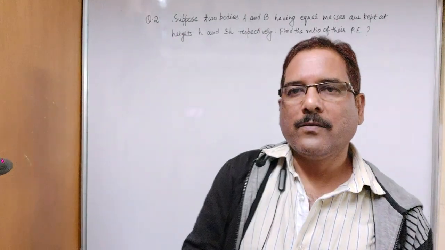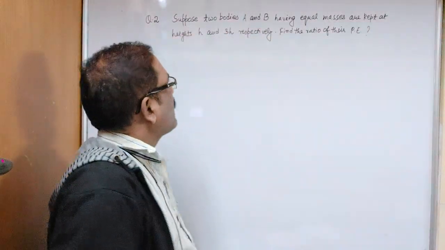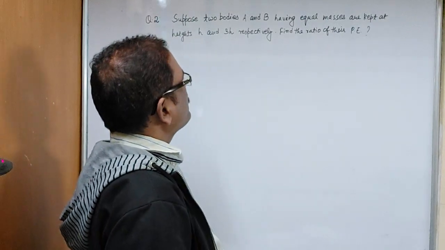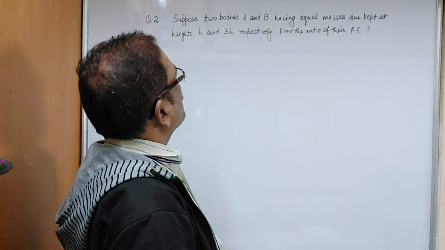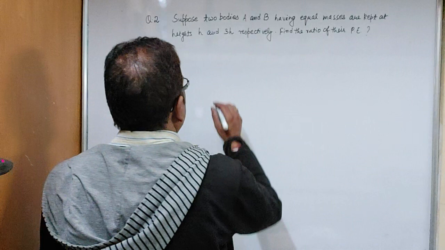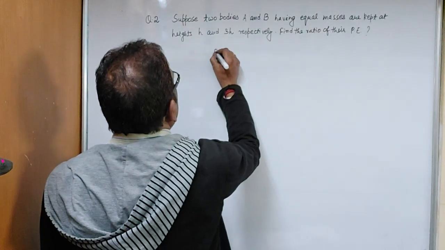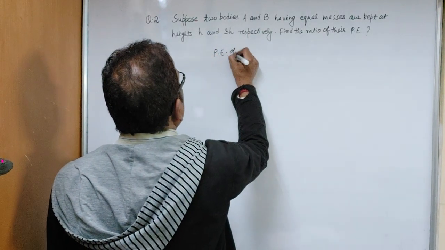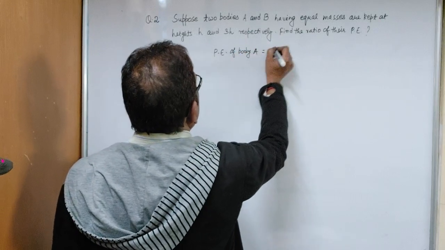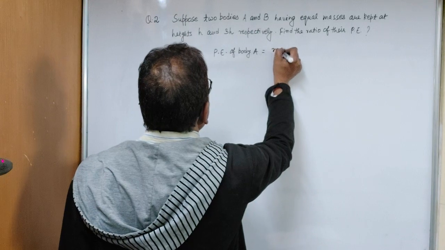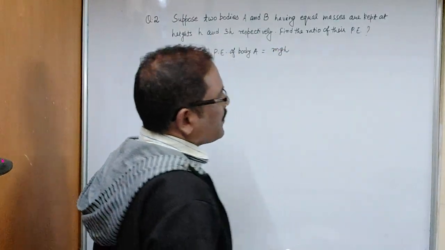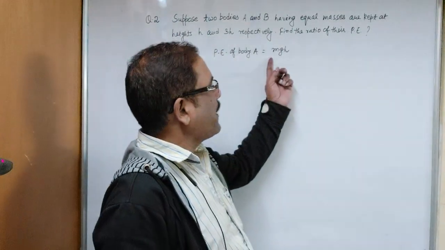So this is another question. So first you have to calculate the potential energy of body A and then potential energy of body B. So potential energy of body A will be mgh, because they are of equal masses, so let their masses be m.